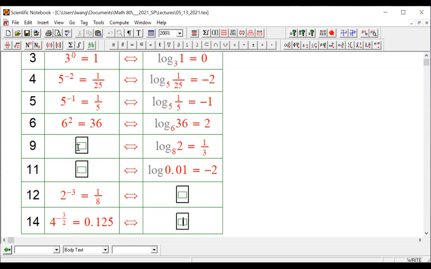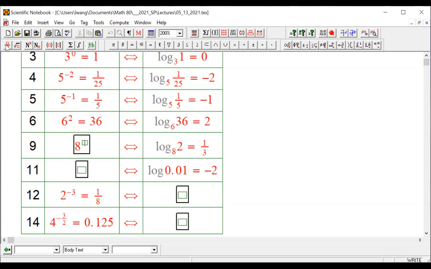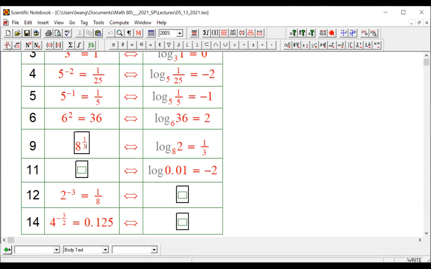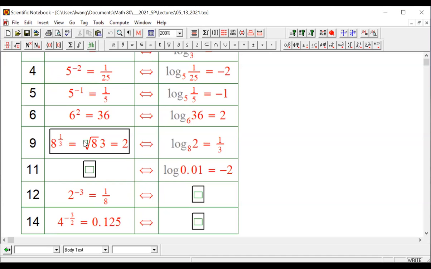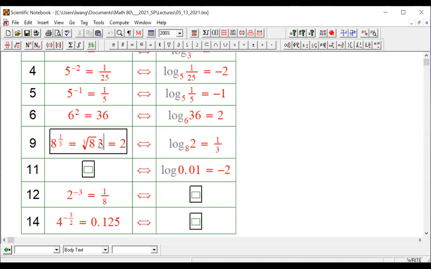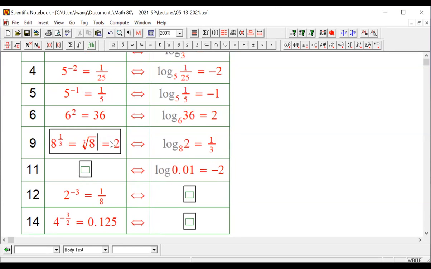Okay, so what would that be? That would be 8 to the power of a third equals 2, right? Which is a cubic root. It's the cubic root of 8, so the cubic root of 8 equals 2.